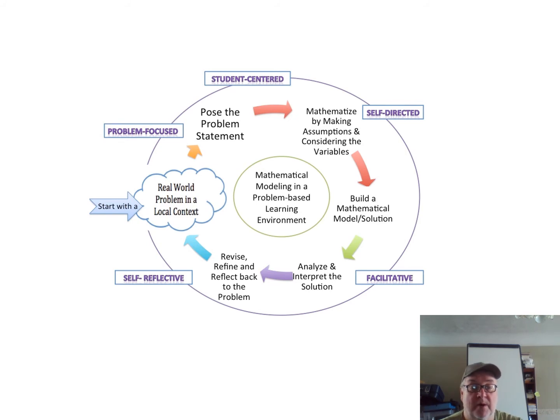This diagram highlights the mathematical modelling process as a loop. More apparent, it's just going around in circles all the time. Pose the problem, then mathematics, by making assumptions and considering the variables, build a mathematical model solution, analyze and interpret the solution, and so on. Each stage you just keep going round and round in circles.